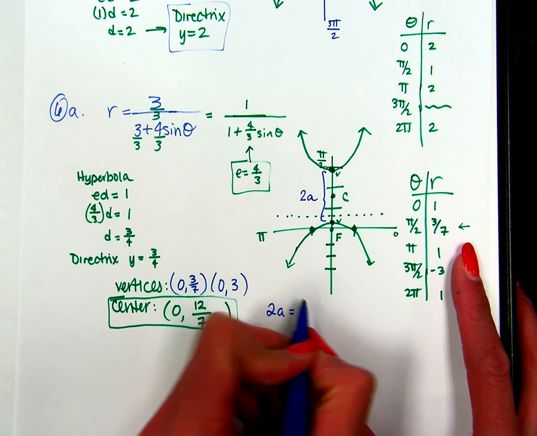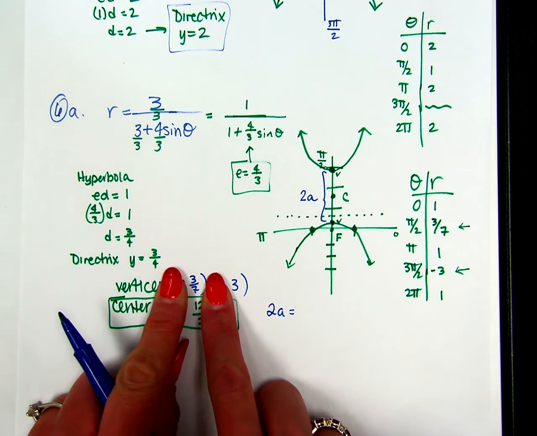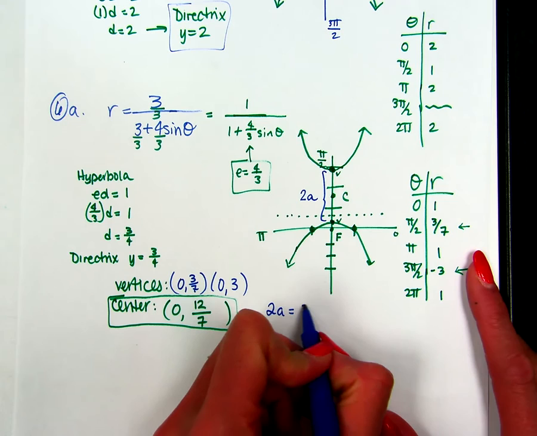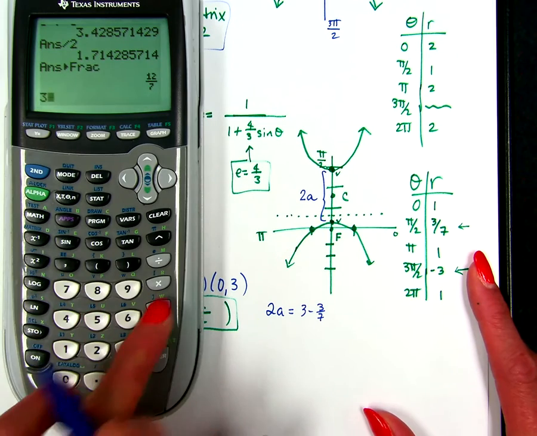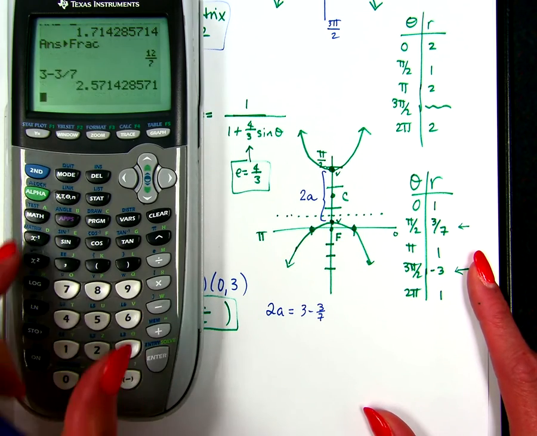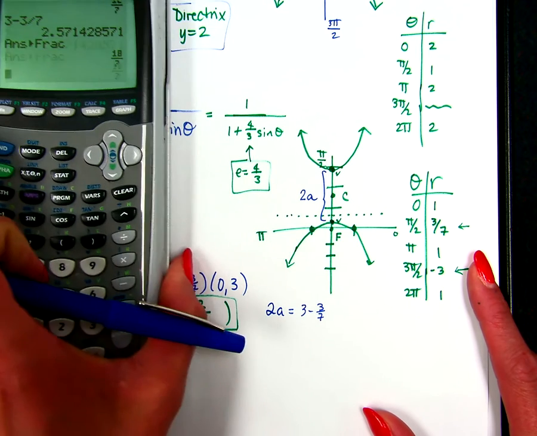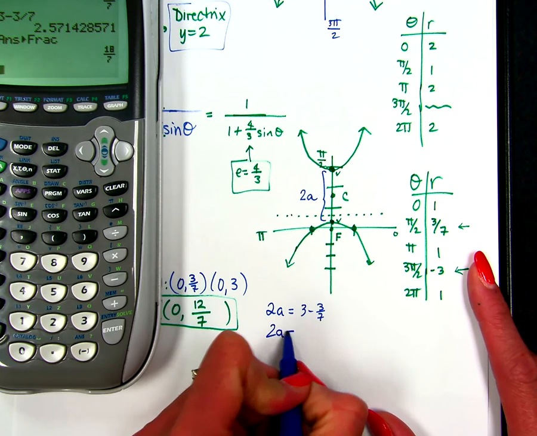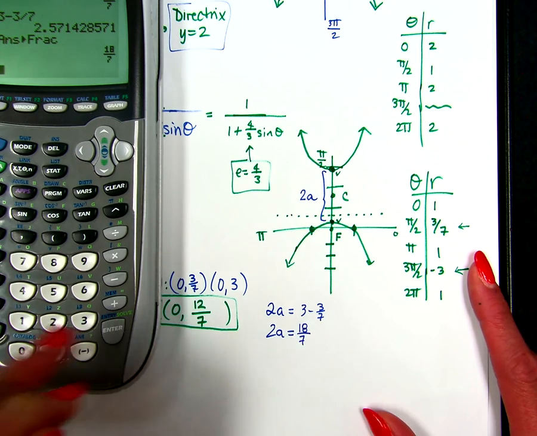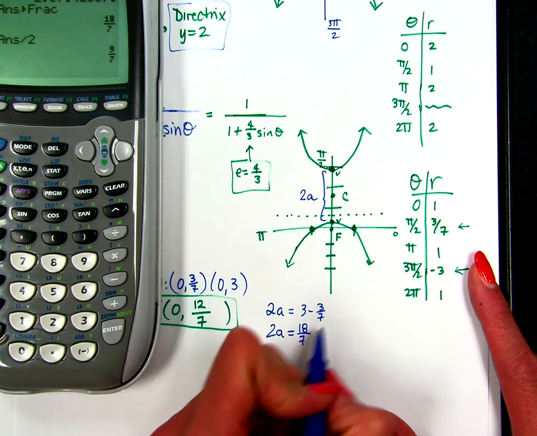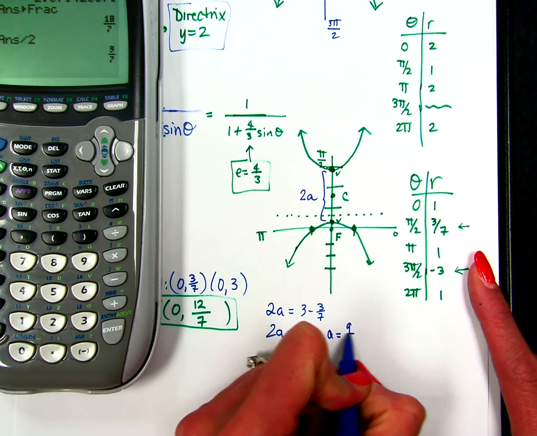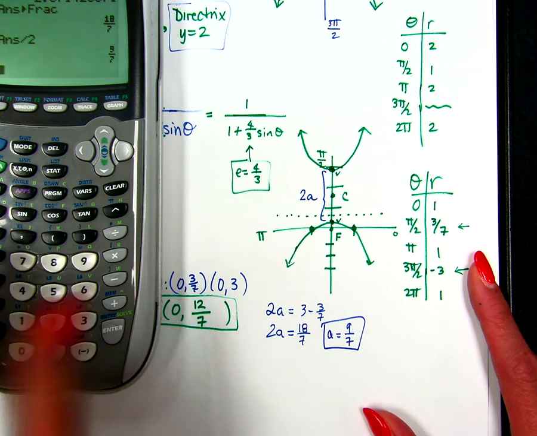So 2A is equal to the distance between these two points. Since the x-coordinates are 0, we can just subtract 3 minus 3/7. 3 minus 3/7 is 18/7. So 2A is equal to 18/7. If I divide that by 2, that gives me 9/7. So A is equal to 9/7. That answers another question.